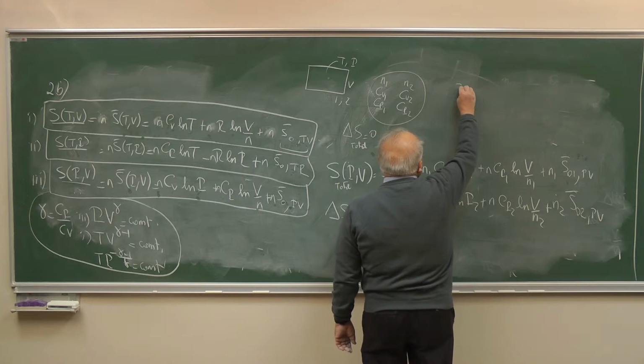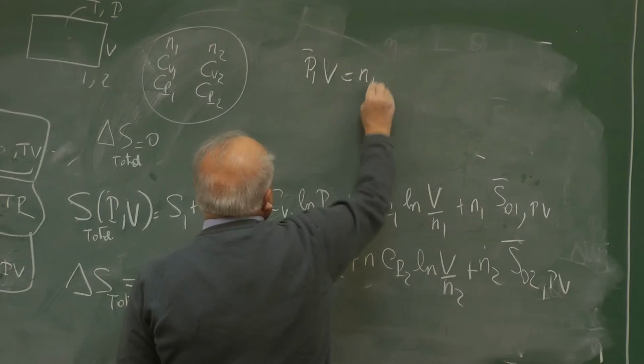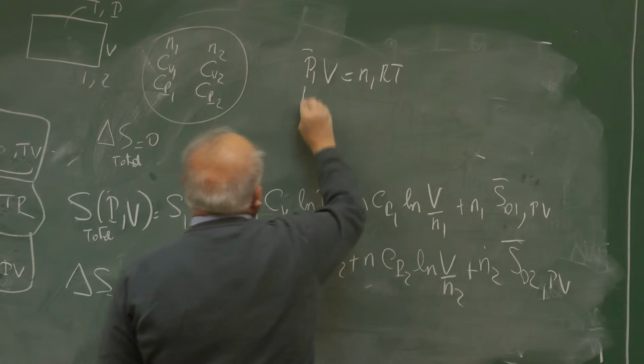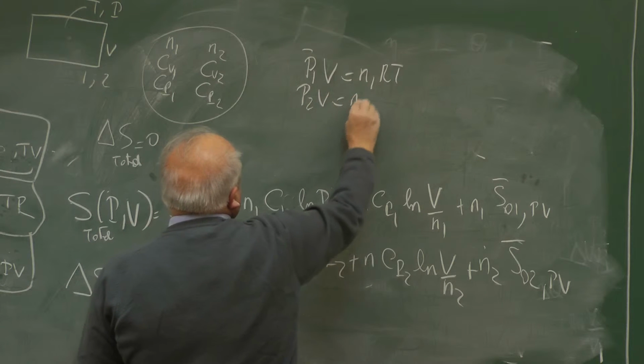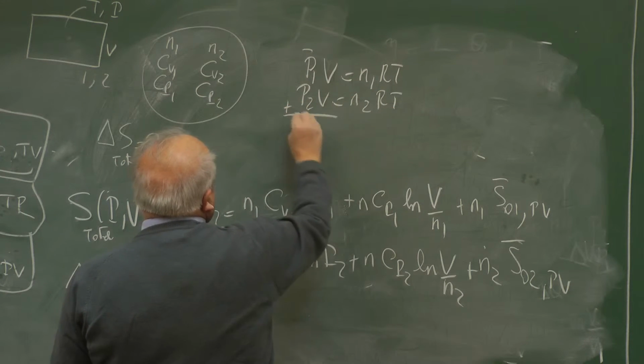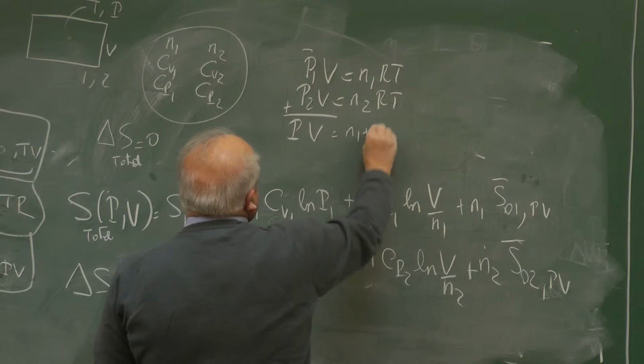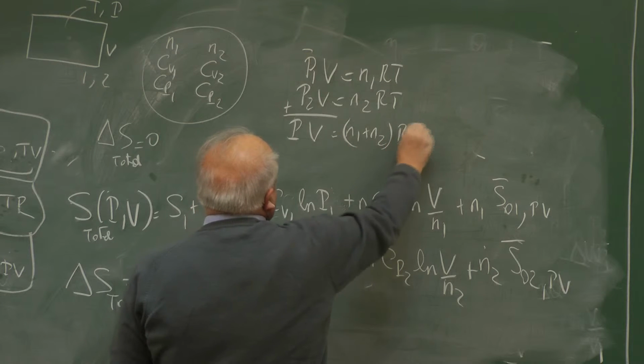So what are these partial pressures? P1V is equal to N1 RT. P2V is equal to N2 RT. So if we add them, PV is equal to (N1 plus N2) RT.